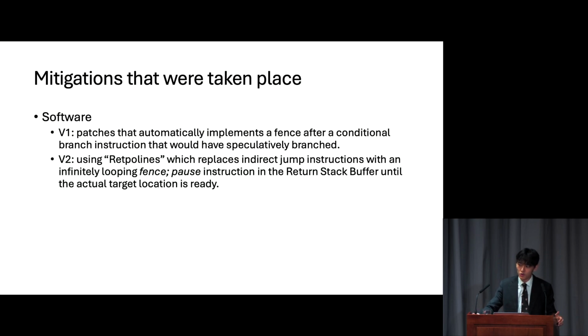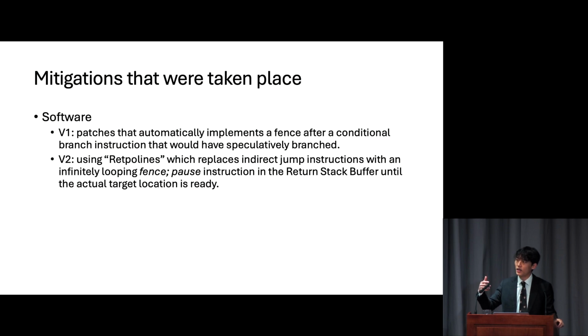For variation 2, there's this thing called retpolines, which is a combination word with return and trampoline. It's really interesting. You should really take a look at it, which basically replaces indirect jump instructions with an infinitely looping fence and then pause instruction in the return stack buffer until the processor can know whether this jump should be taken or not.